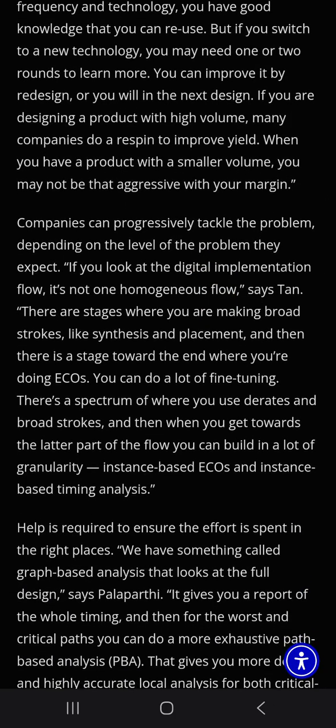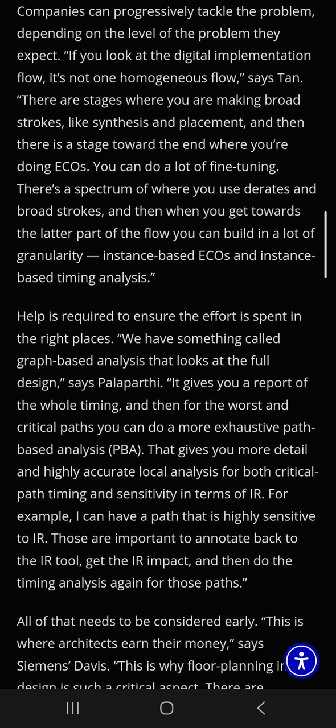There is a spectrum where you use derates in the broad strokes. And then when you get toward the latter part of the flow, you can build in a lot of granularity, with instance-based IR issues and instance-based timing analysis. Help is required to ensure the voltage is spent in the right places. We have something called graph-based analysis that looks at the full design, said Palapati.